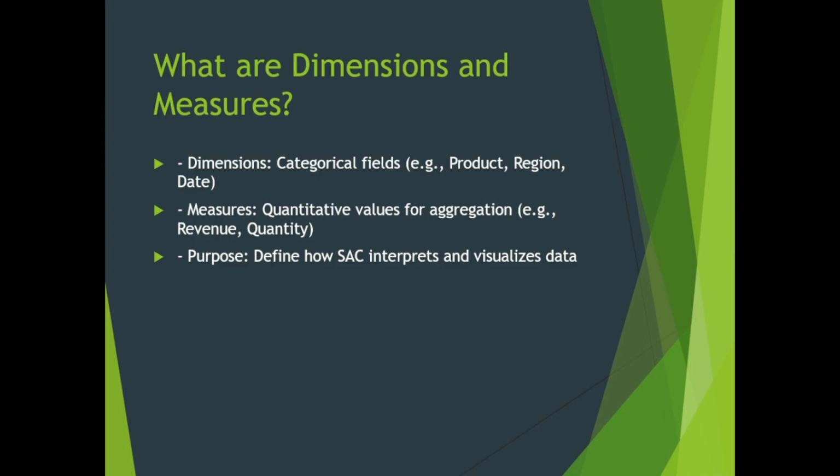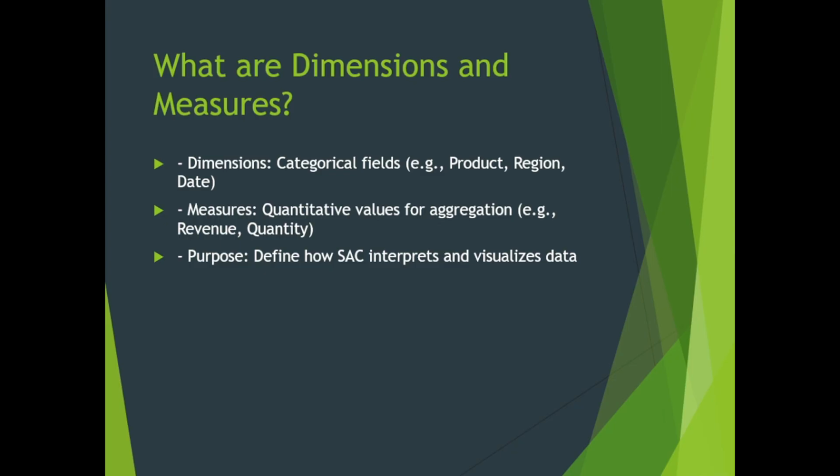So what is the purpose? We have defined measure and dimension because it shows how SAC interprets and visualizes data. In this way, we can easily categorize, we can easily understand, we can easily visualize data on the basis of the different dimensions in which we require our reporting.